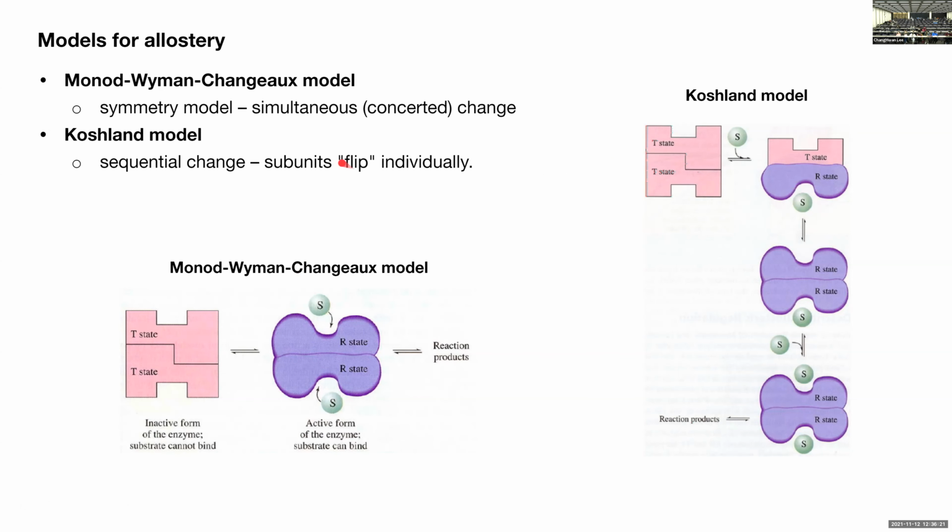Another model is the Koshland model, where there must be sequential changes. One subunit changes conformation, and that induces the conformational change of the other subunits too. So both are correct, basically. Many different enzymatic systems in living organisms use one of these strategies, but just one of them in most cases.